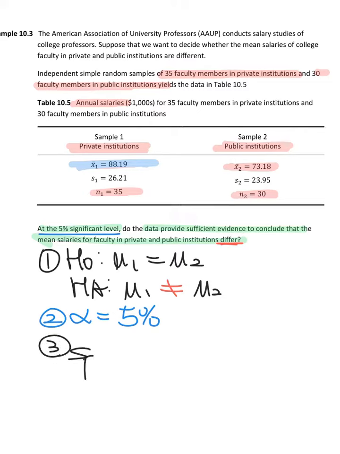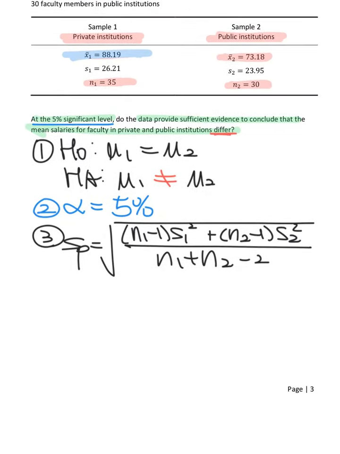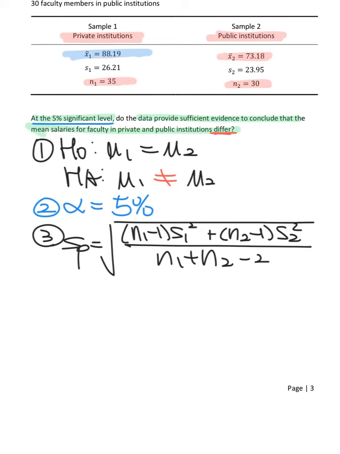First, we have to take Sp, which is the square root of n1 minus 1 s1 square plus n2 minus 2 s2 square over n1 plus n2 minus 2. It's very long. Okay, let me take Sp.